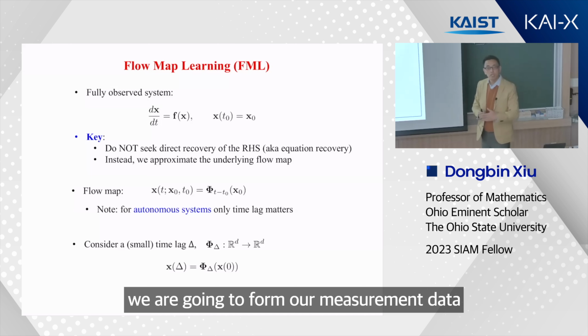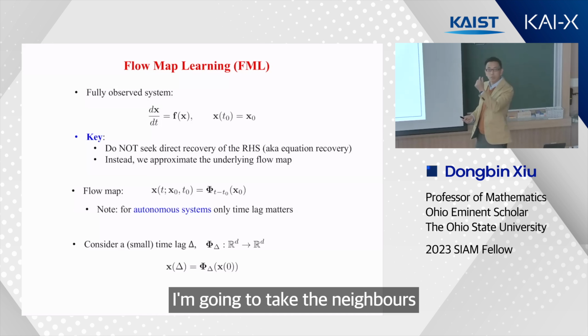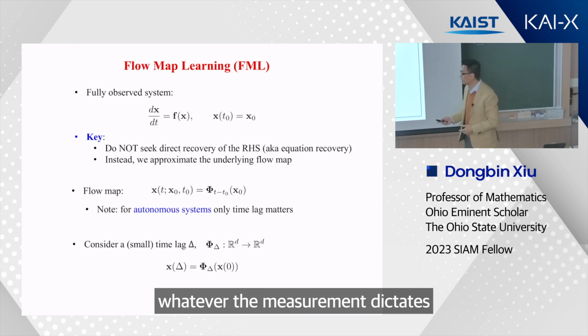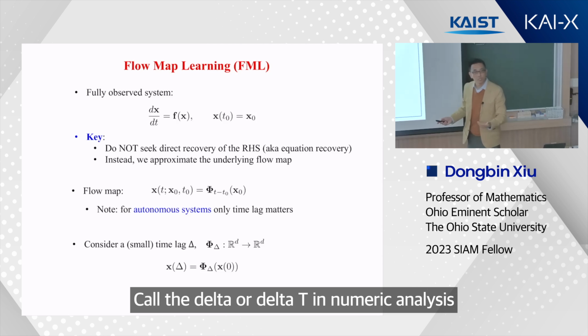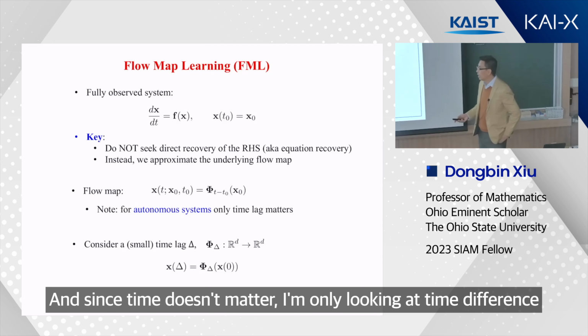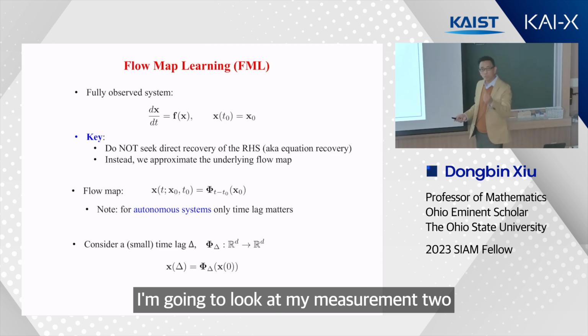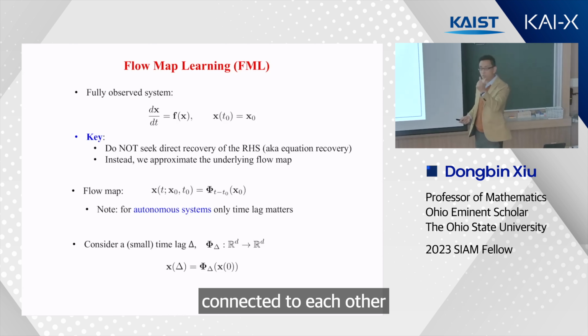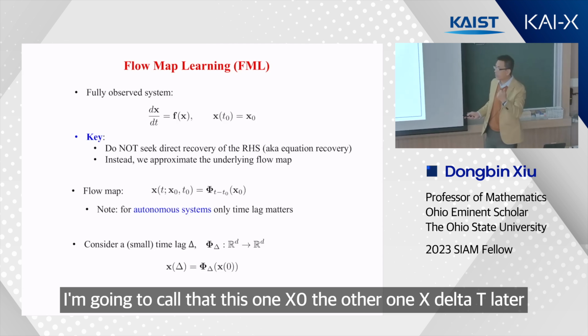From our measurement data, I'm going to take the neighbors, separated by a very small time step, whatever the measurement dictates, called delta, or delta t in numerical analysis. Since time doesn't matter, I'm only looking at the time difference. I'm going to look at my measurement, two solutions at two consecutive time levels. I'm going to call this one x0, the other one x delta t later.